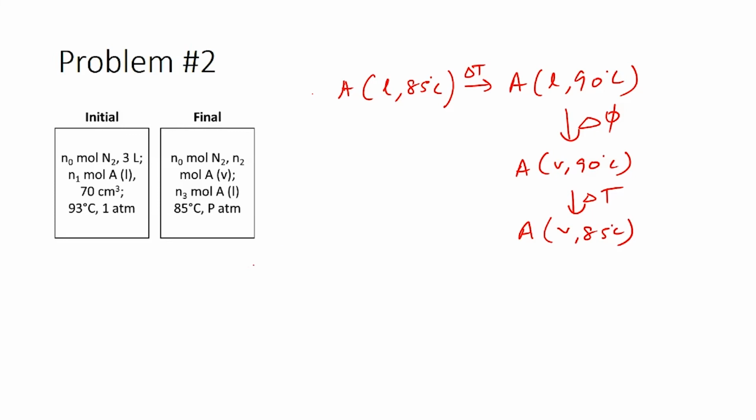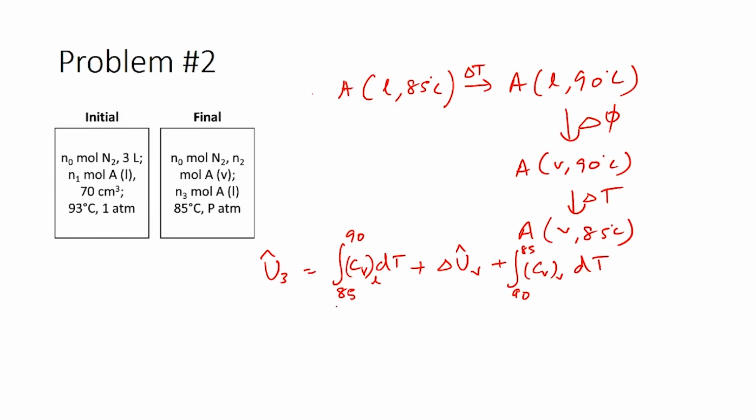Here we will be using the CV for liquid for the initial calculation and CV for the vapor for the second calculation. So, your U3 cap would be equal to integral CV dT from 85 to 90, where here you are using the CV of liquid, plus delta U cap V, where the phase change from liquid to vapor is happening, plus integral 90 to 85 CV of vapor dT. So, CV of liquid was identified to be 20 calories per mole degree Celsius times 5.